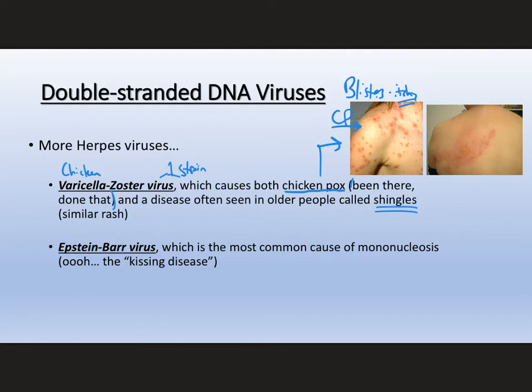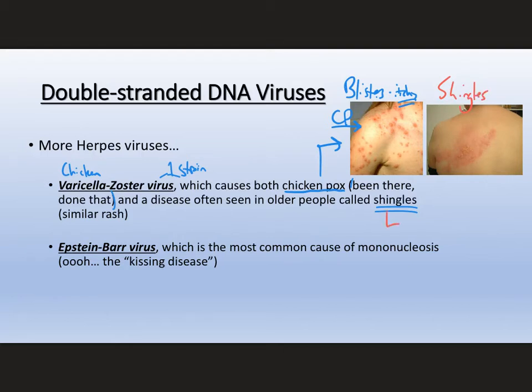And for some people, it will wake back up, so to speak, and cause a different set of symptoms. And that is what we call shingles. Now, we call it shingles because it causes a rash that is like a shingle on your roof. So if you look at this second picture, this would be an example of shingles.